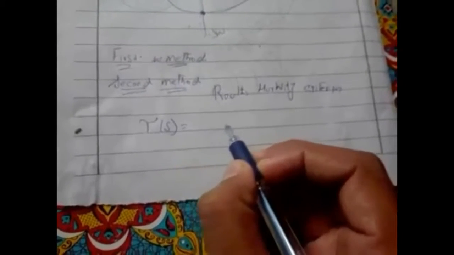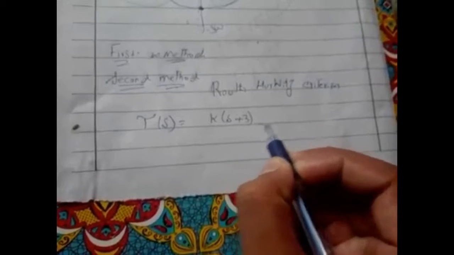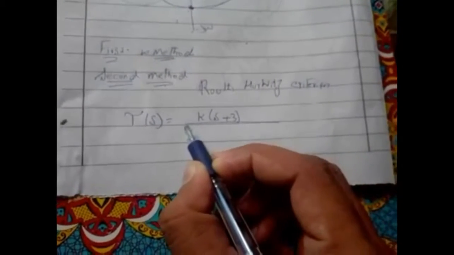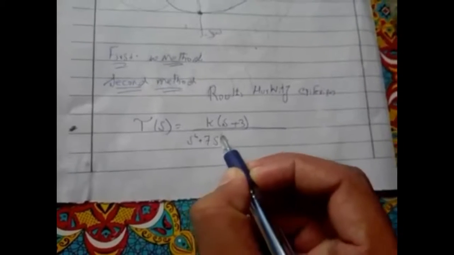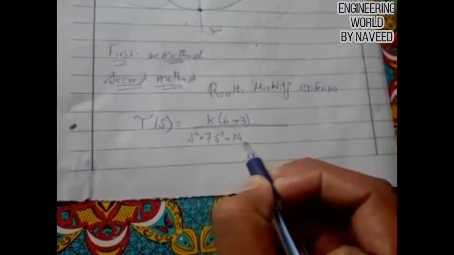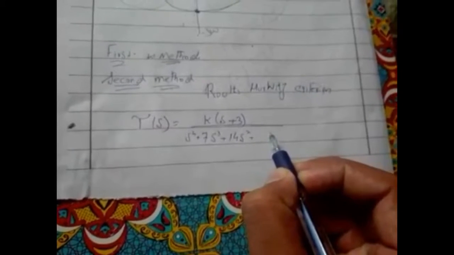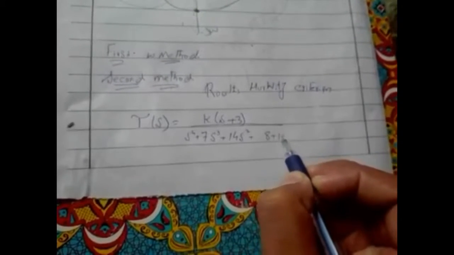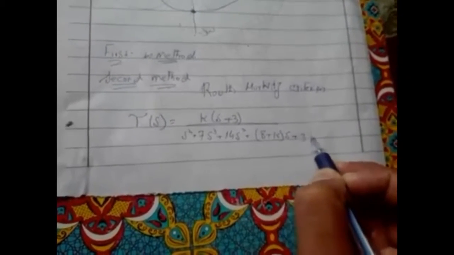We have the transfer function k into s plus 3 divided by s^4 plus 7s^3 plus 14s^2 plus (8 plus k)s plus 3k.